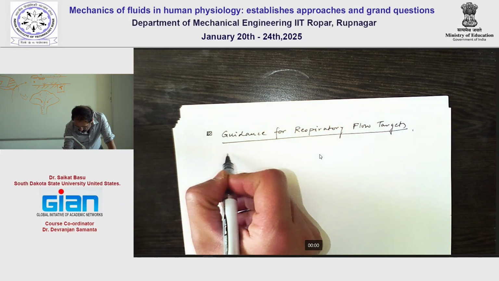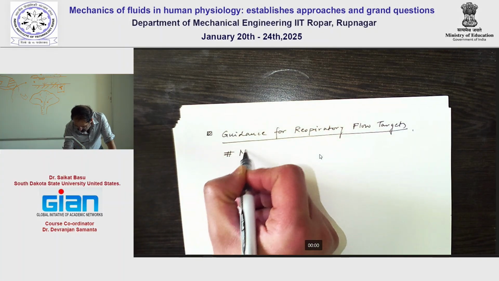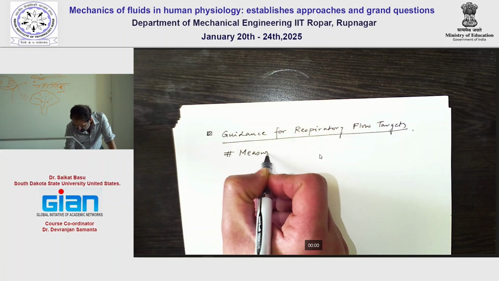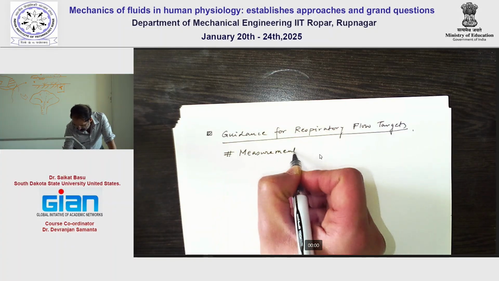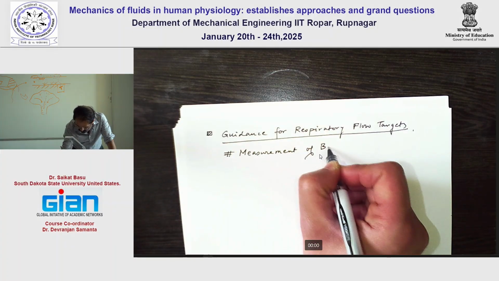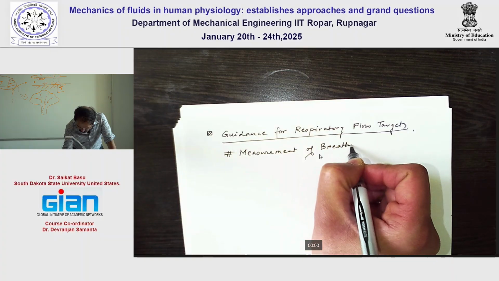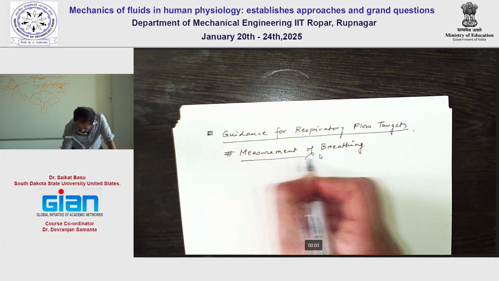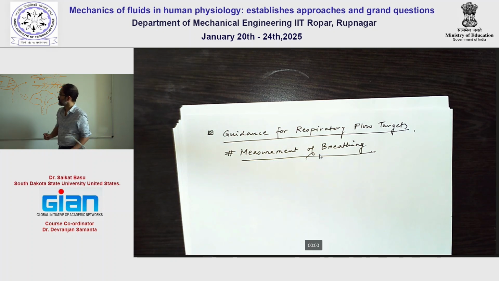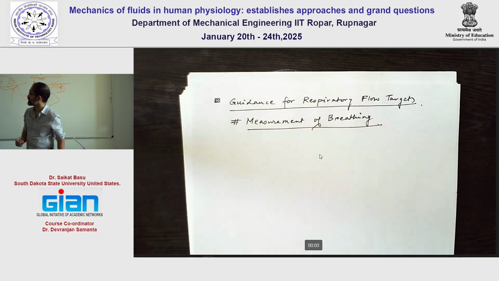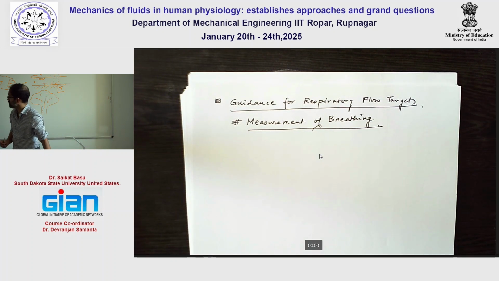So this comes from the different breathing measurements that have happened over the years. And these are empirical formulas. So we have collected, not us, it started even before I started in this field.